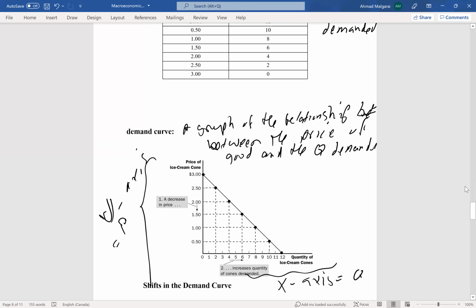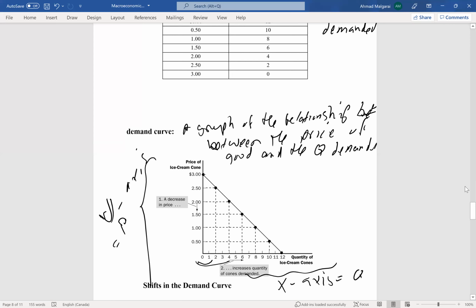You can say that this shows the relationship. This is the price, and this is the quantity demanded. At this price, this much quantity is demanded. At $2, at $1.50, $1, and so on, these correspond to the quantities demanded at that particular price. So that shows the relationship.